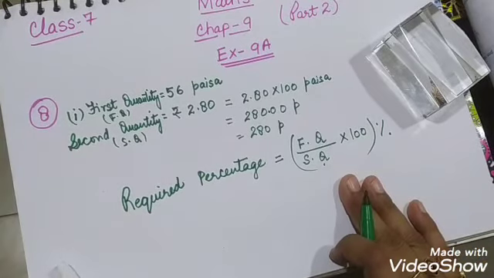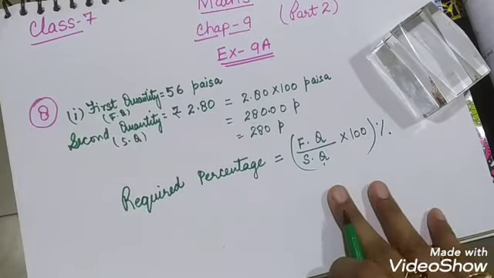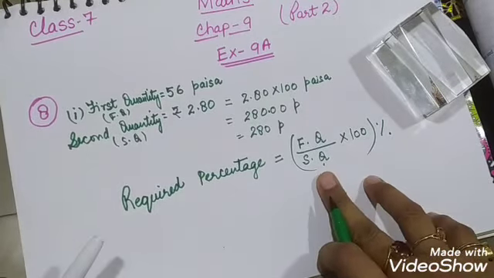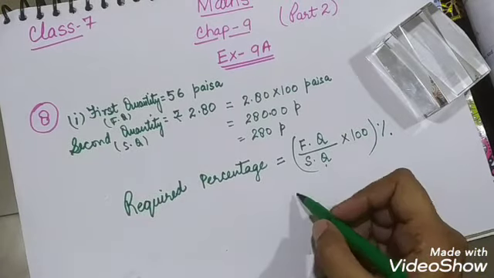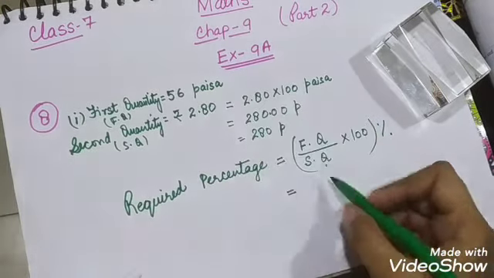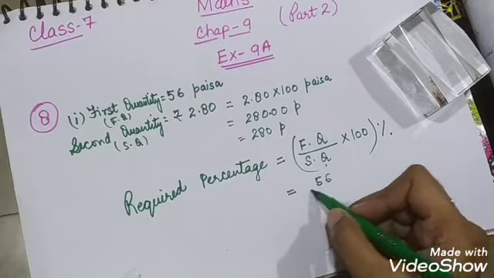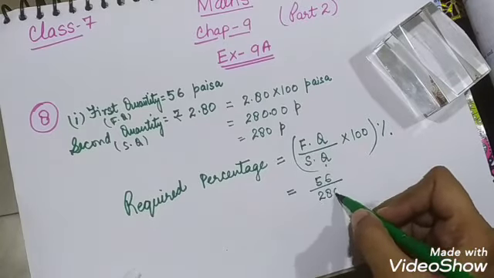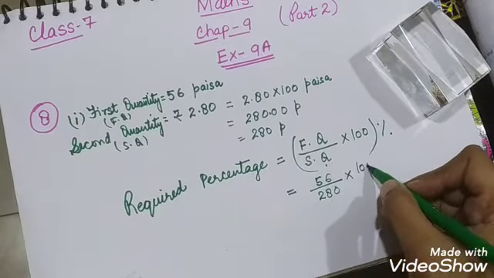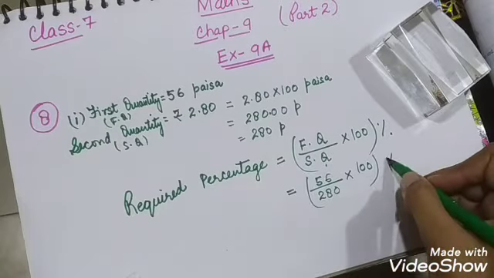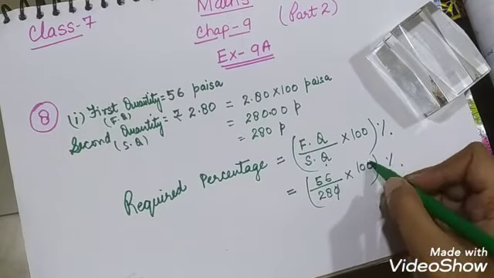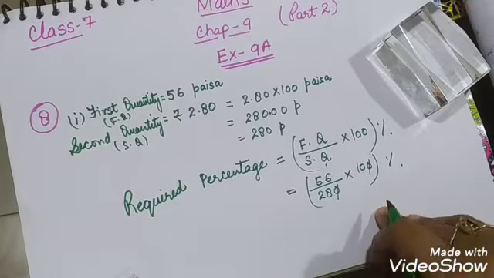This formula we will use in solving all the parts of question number 8. Then we will put the value of first quantity, which is 56, and second quantity, which is 280, and multiply by 100 percent.